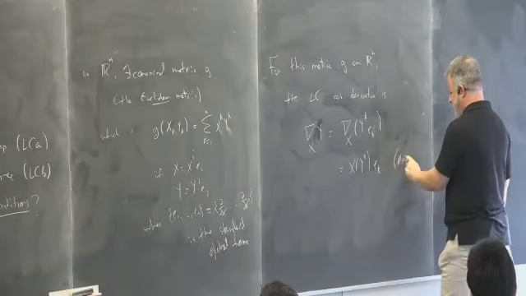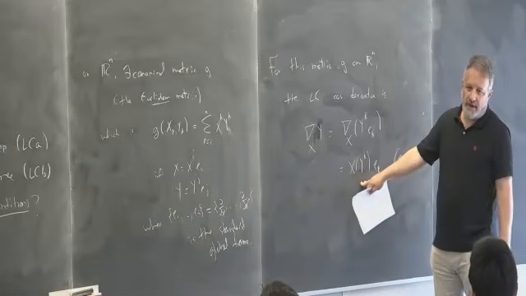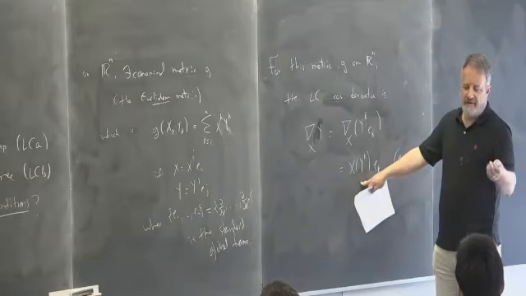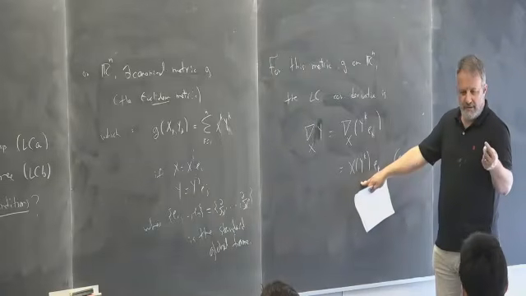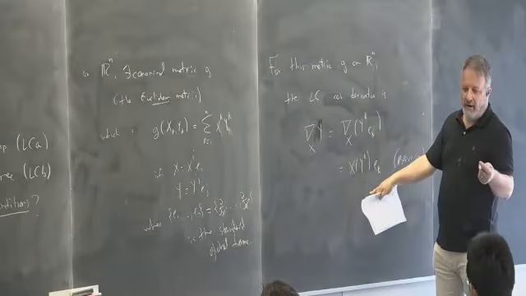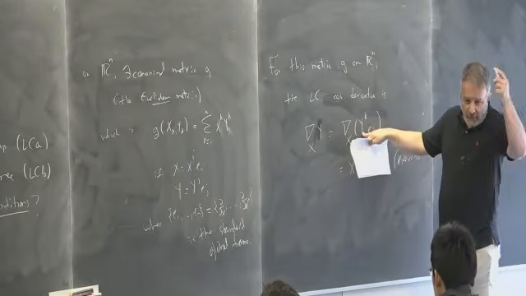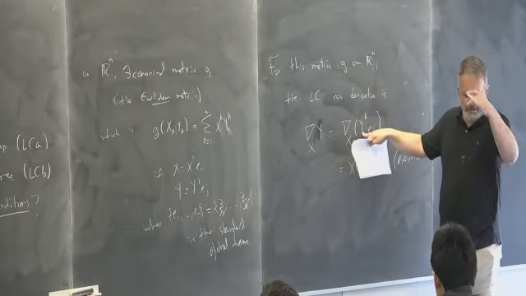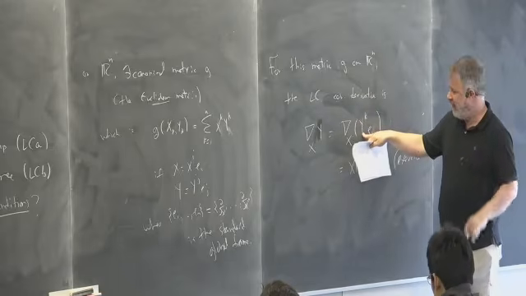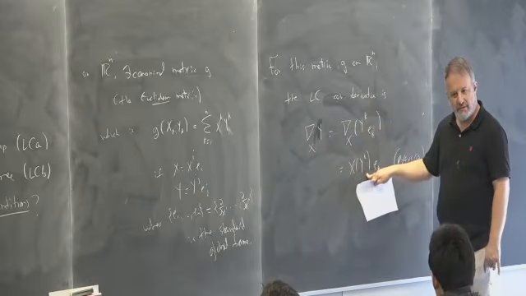Okay, so this is an exercise. And this is exactly what we want the directional derivative to be in Rn. We know what the directional derivative is of a real scalar valued function from calculus. If we have an Rn valued function, then because we have this global frame, we just think of it as an n-tuple of scalar valued functions, and we're just taking the directional derivative of each component function.